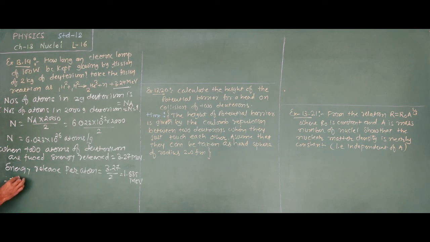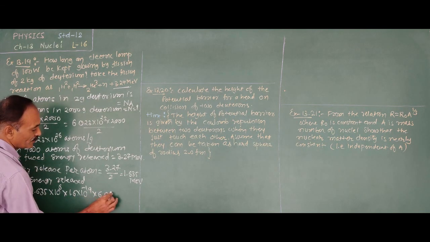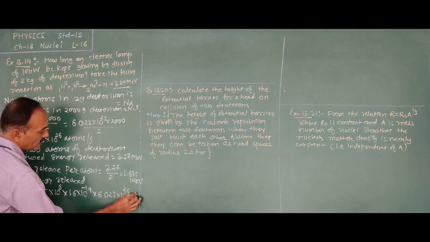Therefore, total energy released is equal to 1.635 MeV, that means 10 to the power 6 converted into joule, 1.6 into 10 to the power minus 19. There is the conversion of mega electron volt into joule. Into the number of atoms, which is 6.023 into 10 to the power 26 atoms.